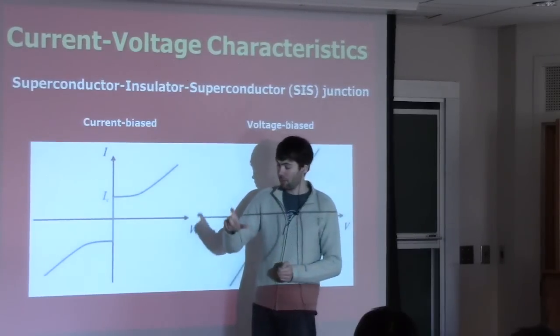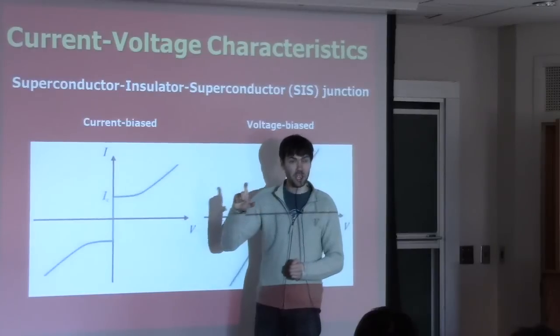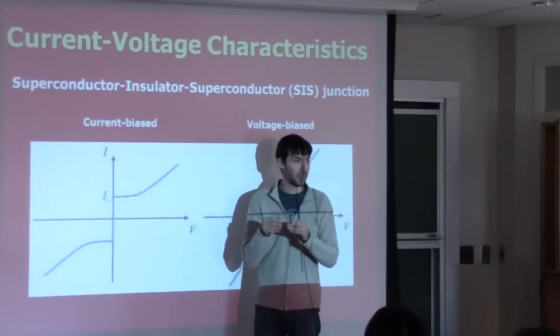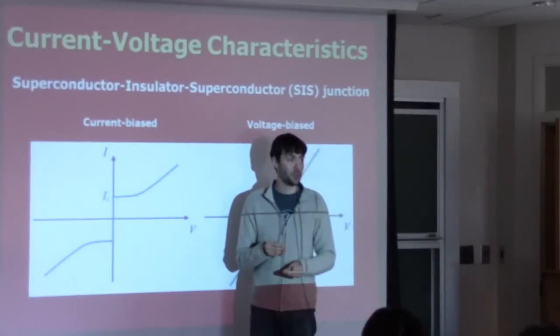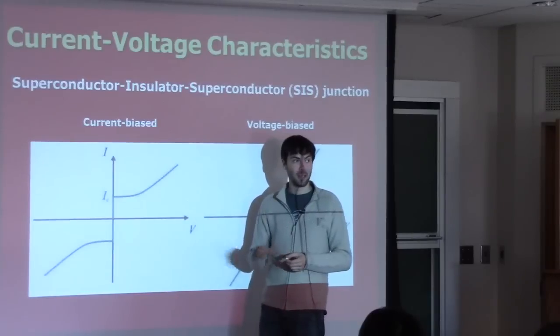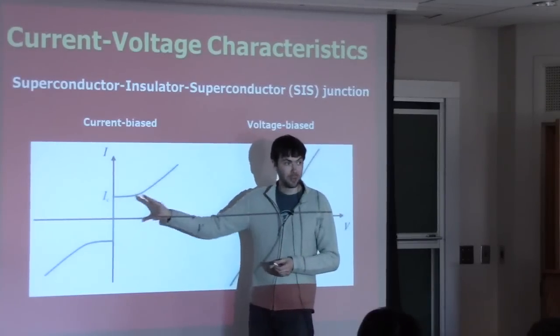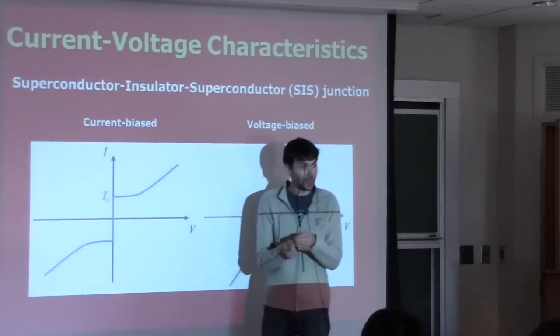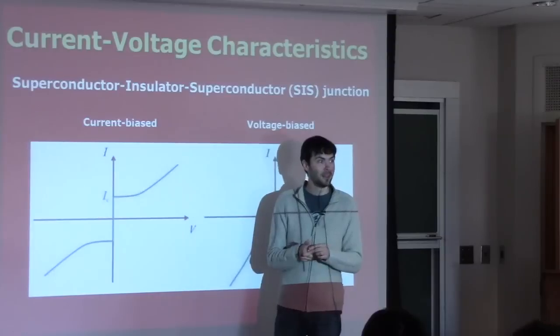And there is a book this thick written just about the different current voltage characteristics of various superconducting geometries. So in principle, if you measure in your lab a current voltage characteristic of some kind of superconducting device, with some probability you can open this book and compare.